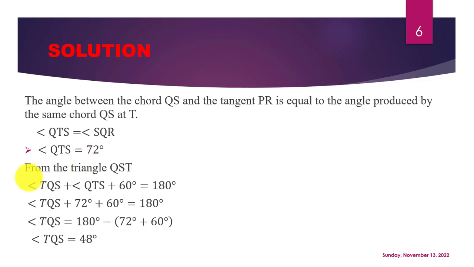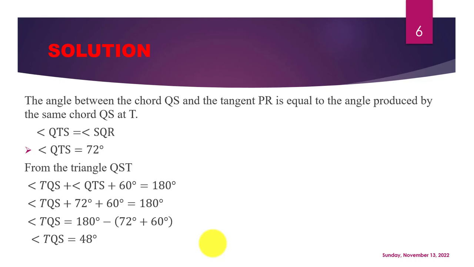Also, from the diagram, in triangle QST, we can see that angle TQS plus angle QTS plus 60 degrees sum up to 180 degrees, because the sum of interior angles of a triangle is 180 degrees.